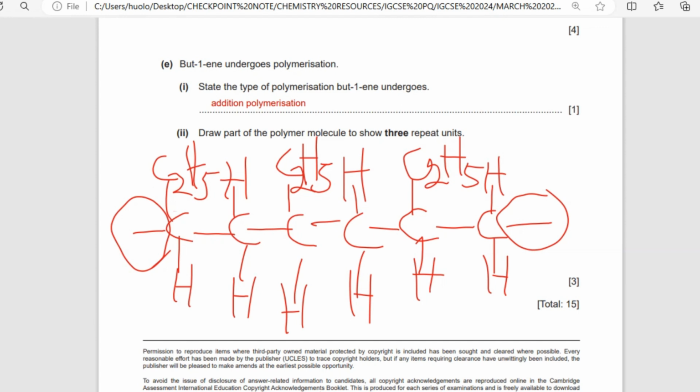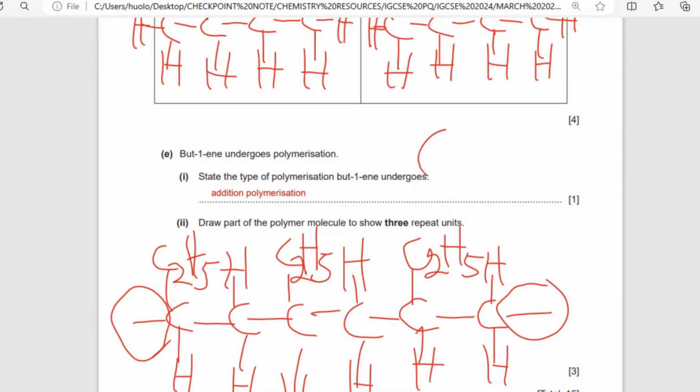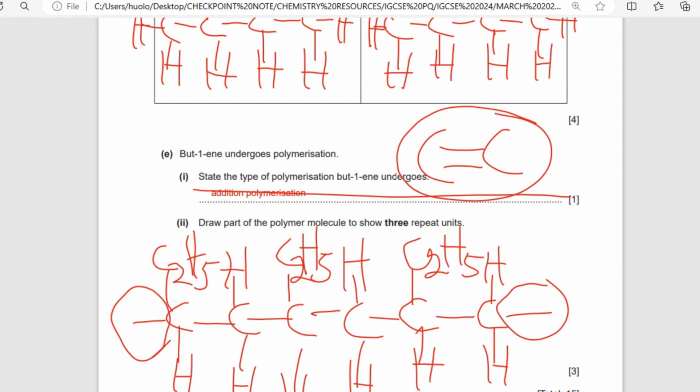Your attention should be drawn to the carbon-carbon double bond. So in the long chain of the polymer, you are only having carbon-carbon double bond. So if you are asked to draw 3 repeat units, you are going to have 6 carbon chain and a continuation bond, because your focus is carbon-carbon double bond.